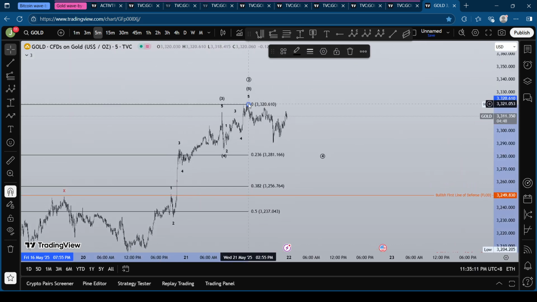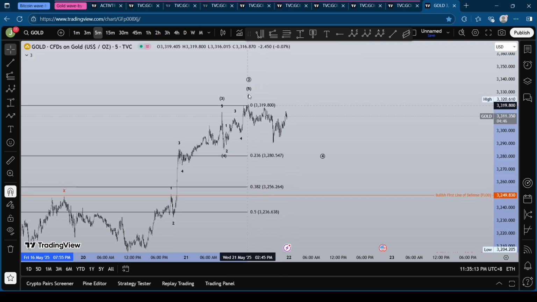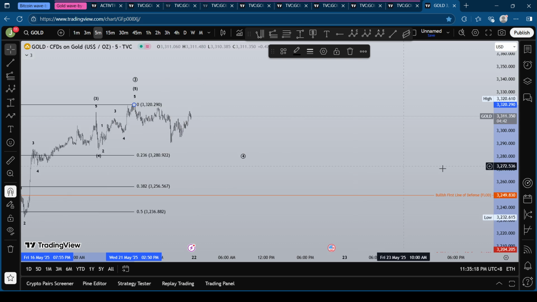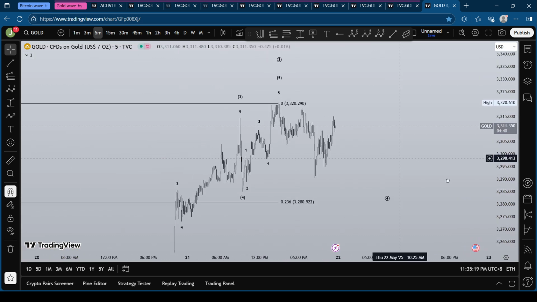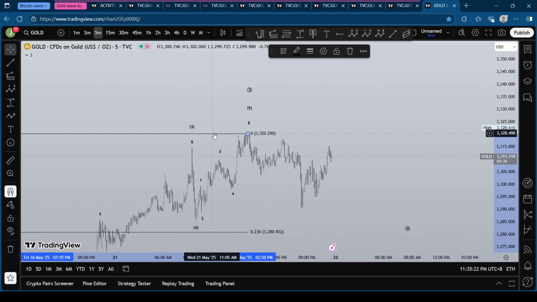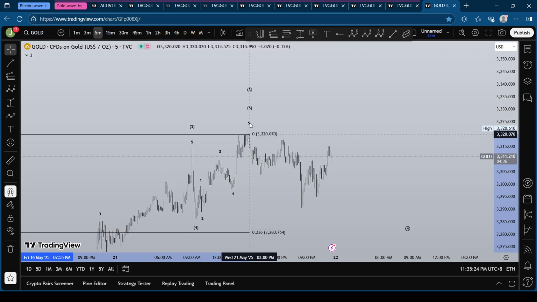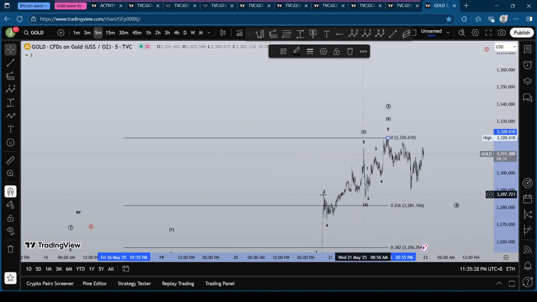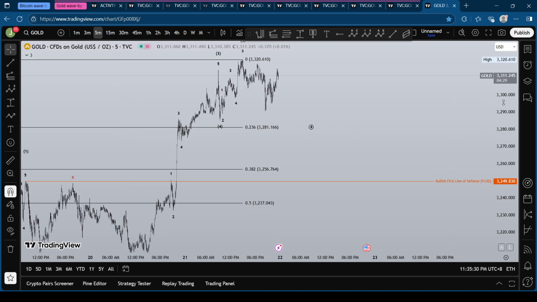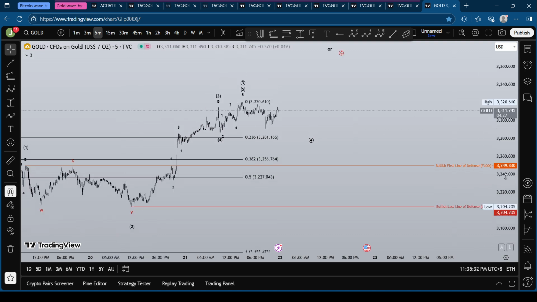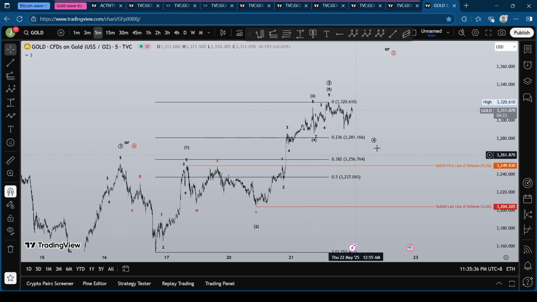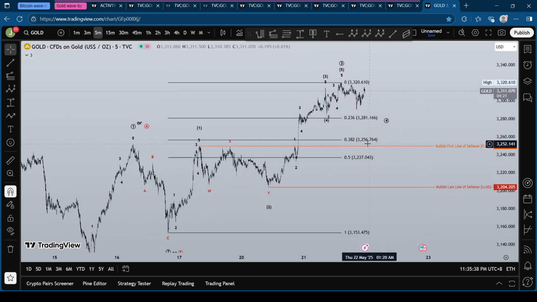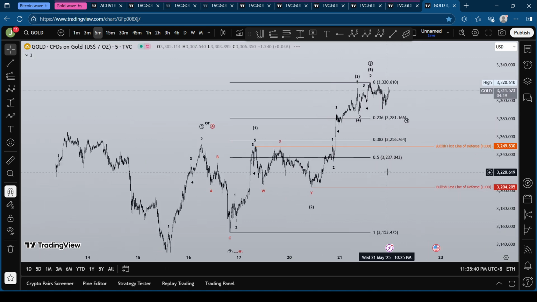And then you have to connect it to the recent time. So the acceptable levels for encircled wave 4 will be these 3 levels: the 0.236, the 0.382, and the 0.5.